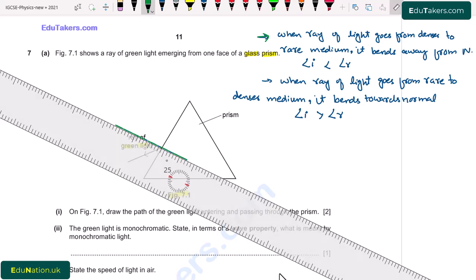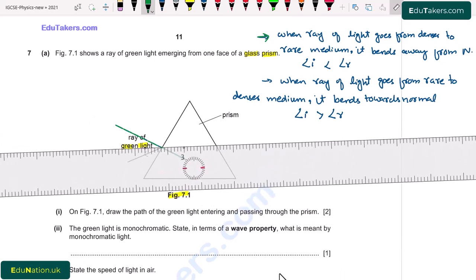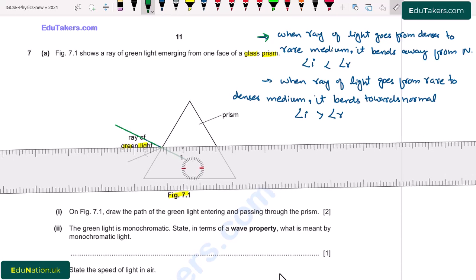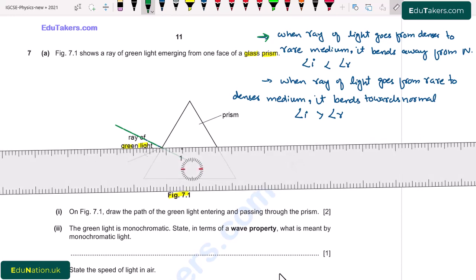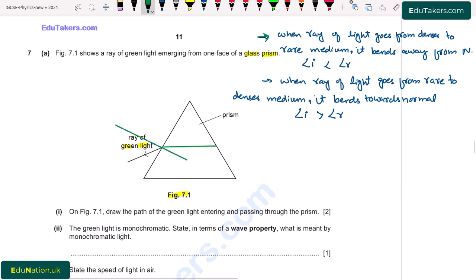The ray must be just like this, because it has to bend away from the normal, such that this is the angle of incidence made between the normal and incident ray. So this is the angle of incidence while this is the angle of refraction. Here we can see that the angle of incidence is much smaller as compared to the angle of refraction.